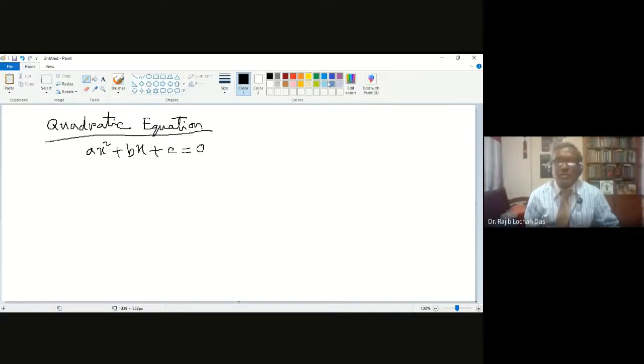So for example, you can find something like x square plus 3x plus 2 equal to 0. Possible. This is one equation. You can think 3x square minus 4x plus 5. Maybe it is another possible equation.